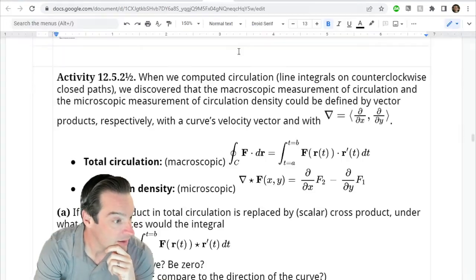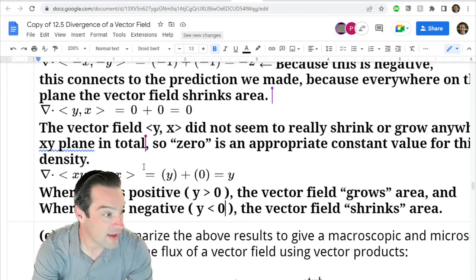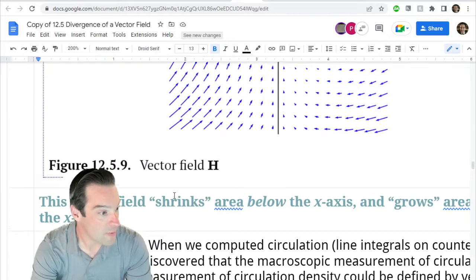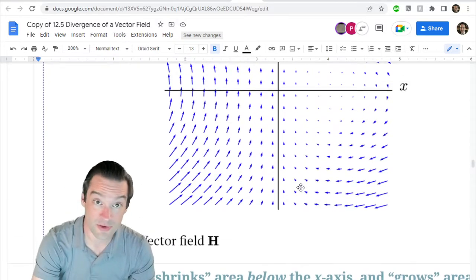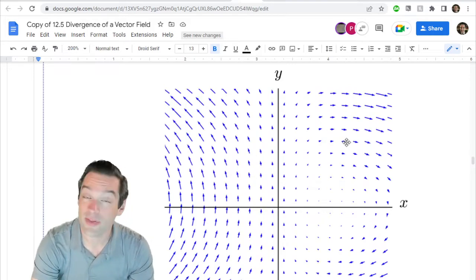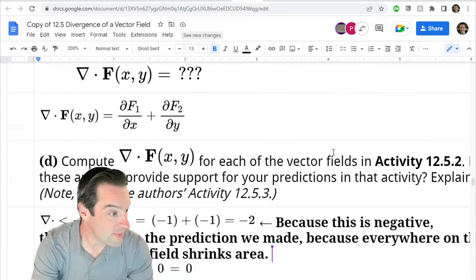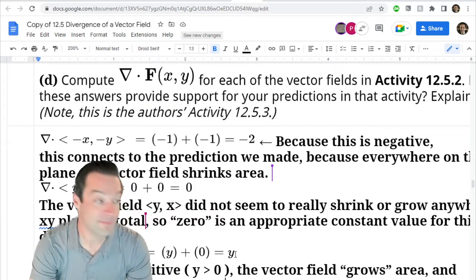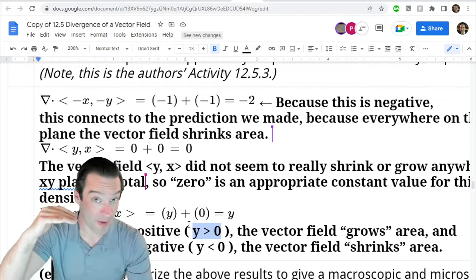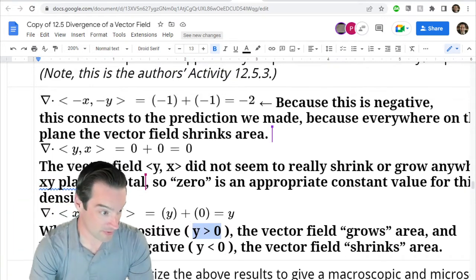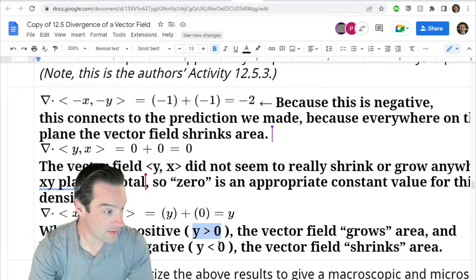The interesting one of the three was this third vector field, xy comma 1 minus x, where the prediction was that it's shrinking area below the x-axis, so quadrants 3 and 4, and growing area above the x-axis, quadrants 1 and 2. When we find the flux density, we end up getting the function y. So where that function is positive, above the x-axis, the vector field is growing area, and where that function is negative, below the x-axis, the vector field is shrinking area.